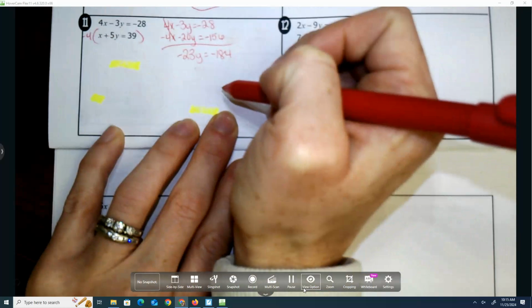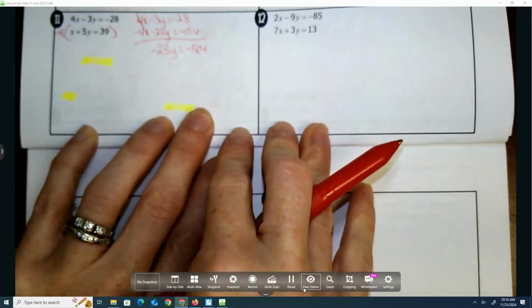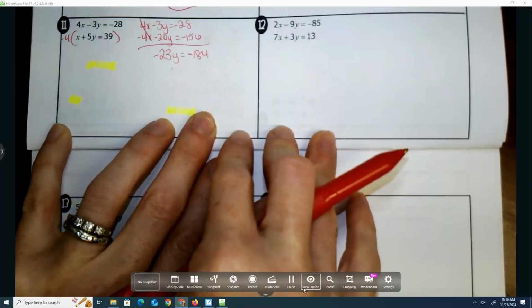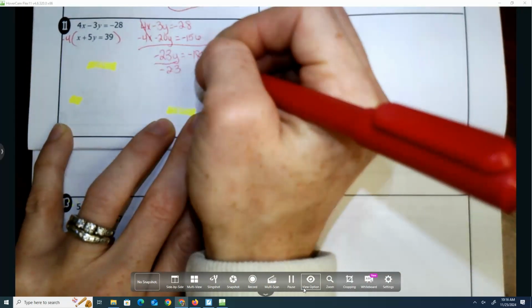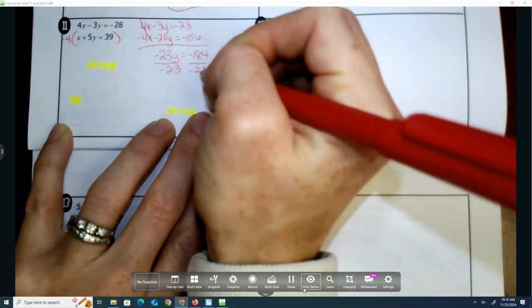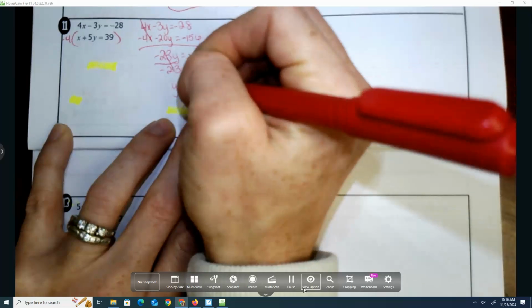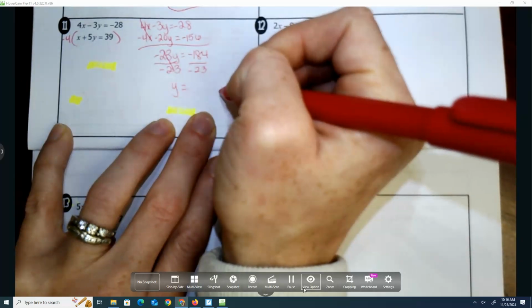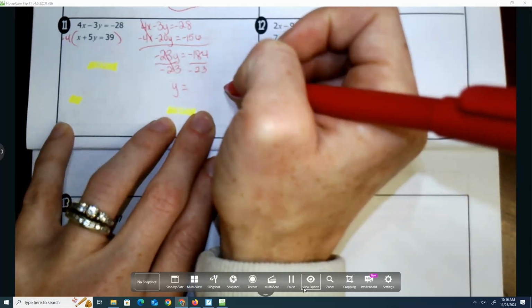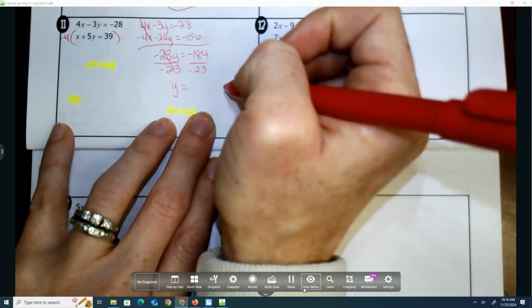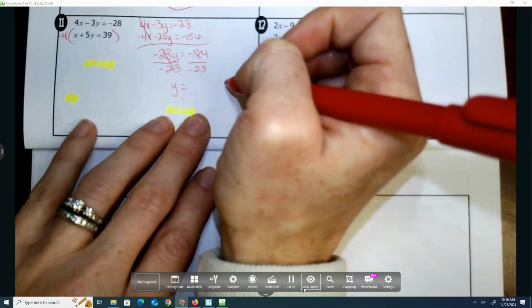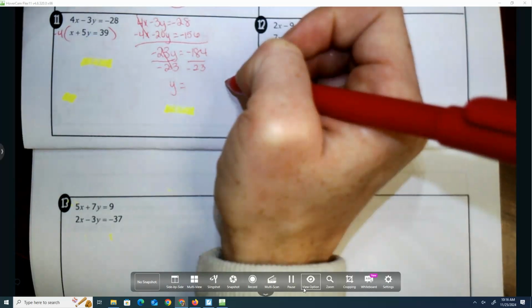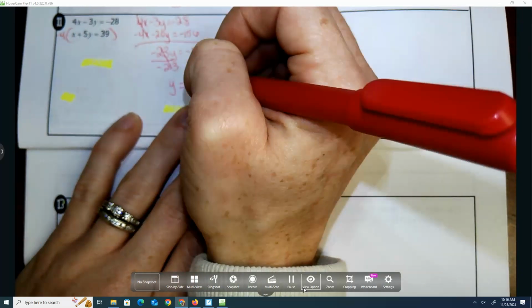And then what would we have to do? Divide. You're trying to get y by itself. So if you divide by -23, y equals, what is -184 divided by -23? 8. So y equals 8.